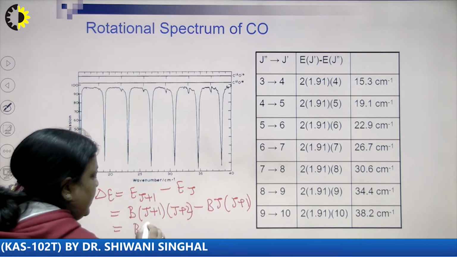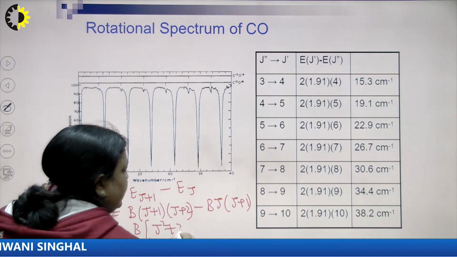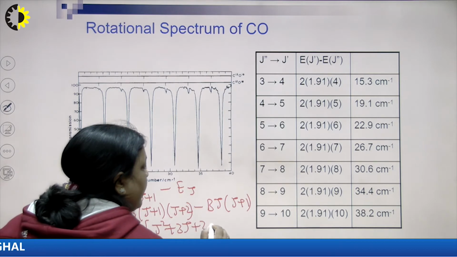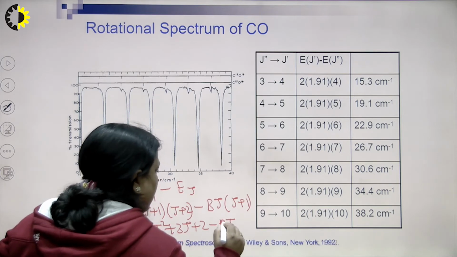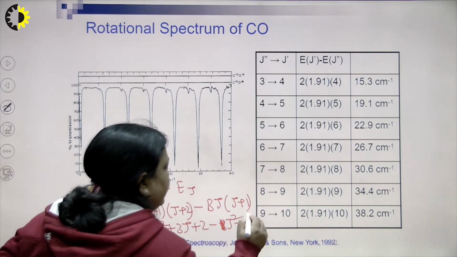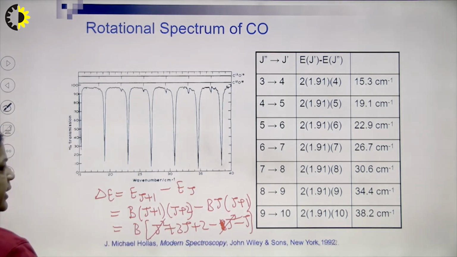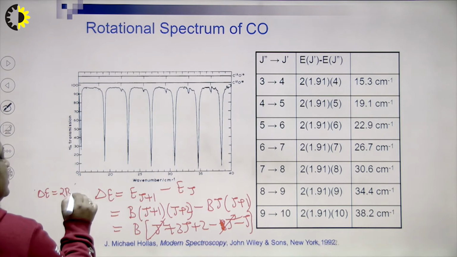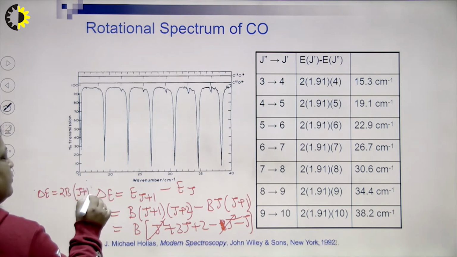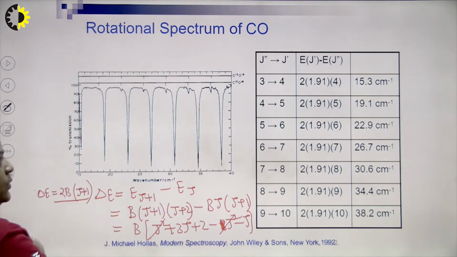When we solve this, B (J square plus 3J plus 2) minus B (J square plus J), where B is common. Now J square cancels, so delta E is equal to B (2J plus 2), with 2 common. So, 2B (J plus 1).